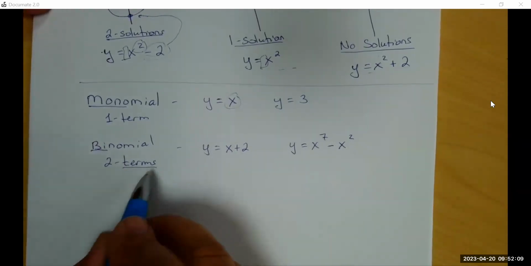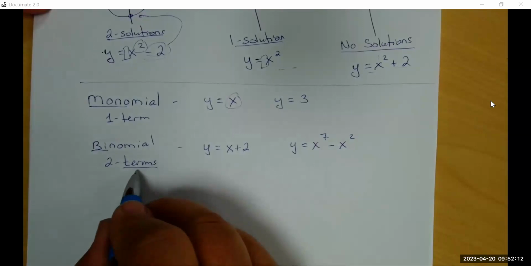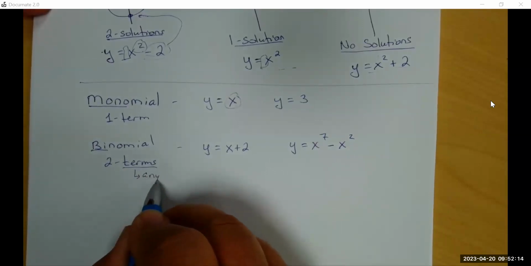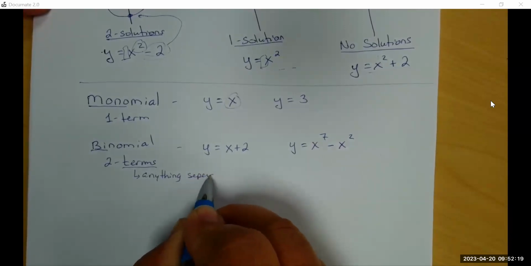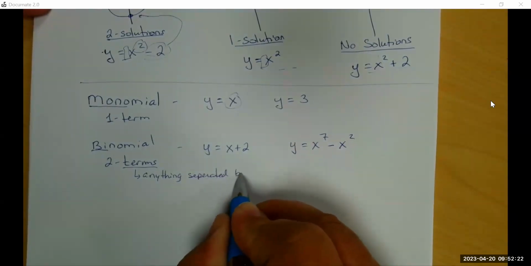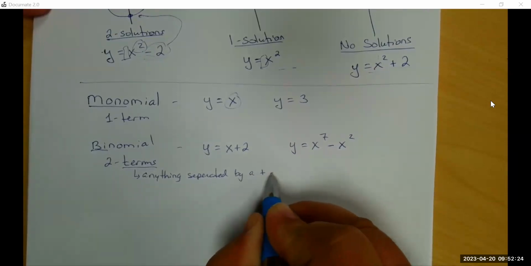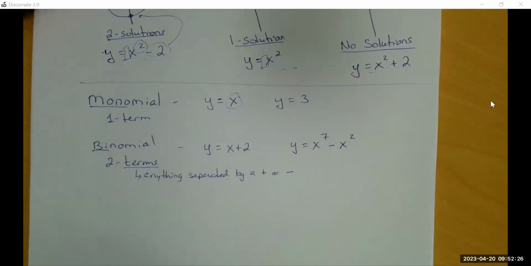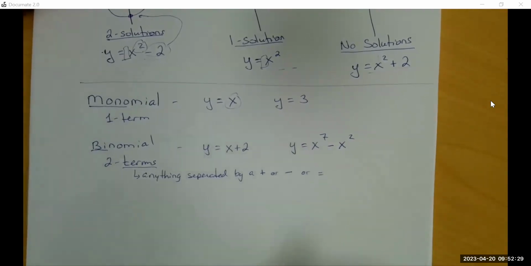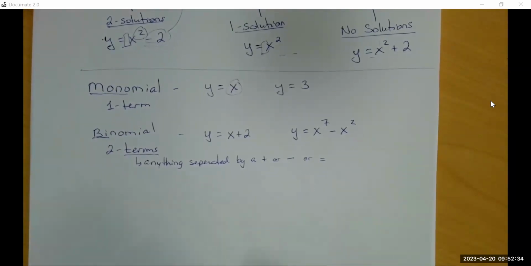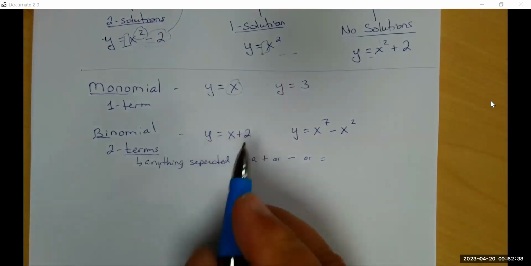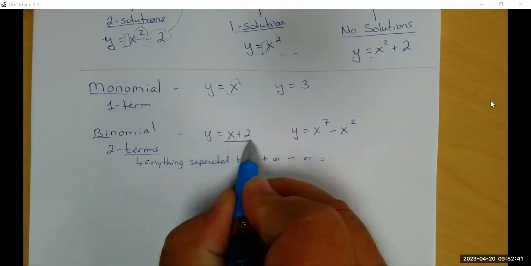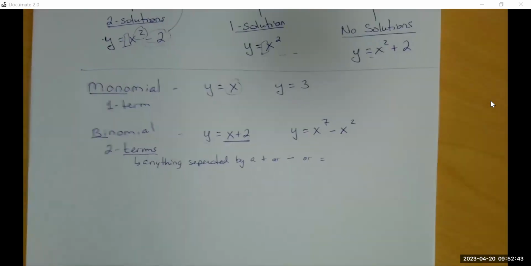Remember, what defines a term? Anything separated by a plus or minus, or equals, actually. Because yes, we have 3 terms, the y, the x, and the 2, but we call this a binomial equation because we only have 2 terms.